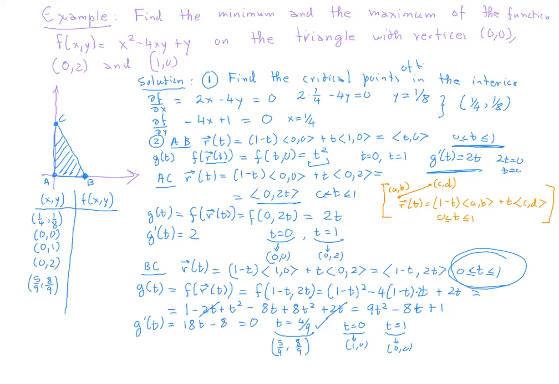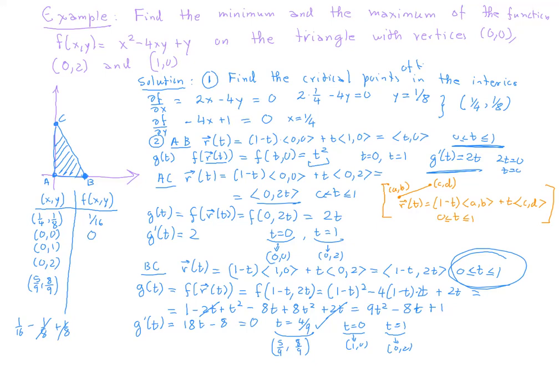So let's try to do the computation. If we plug in 1/4 and 1/8, we will have 1 over 16 minus 4 times 1/4 is 1, so minus 1 over 8 plus 1 over 8. So here these two things cancel each other, and the output is simply 1 over 16. Plugging in 0, 0 is very simple, so that gives us 0.